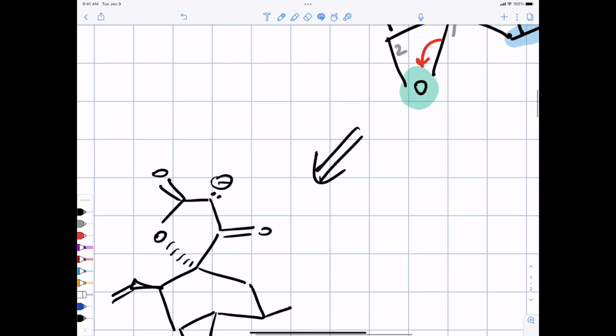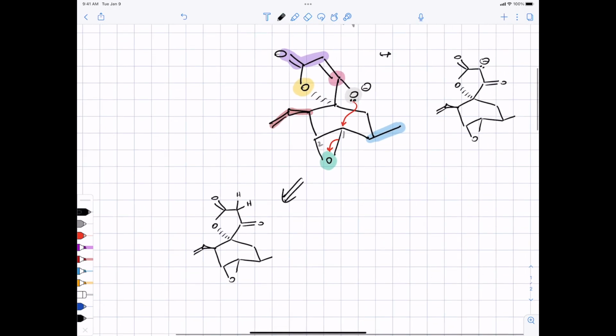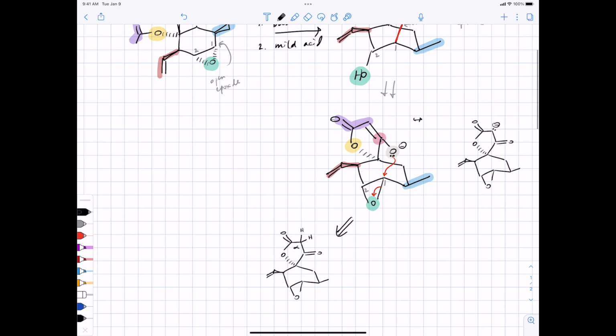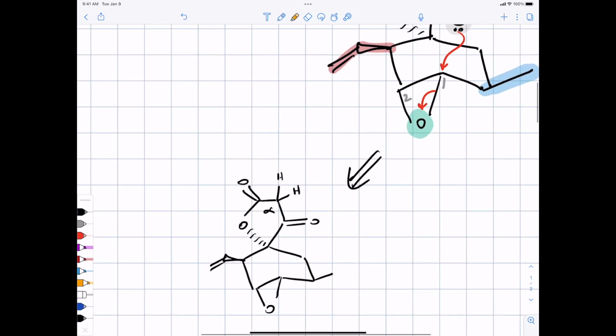In other words, I could have gotten that from just the corresponding enolate by deprotonation of this alpha carbon. Functional group wise, this is a beta keto ester.